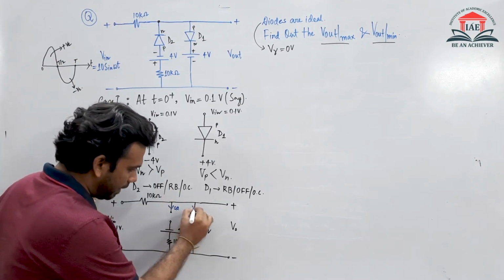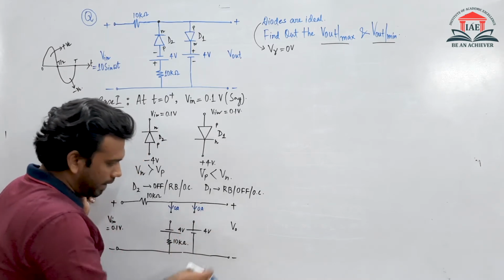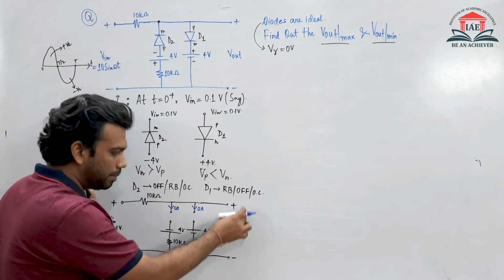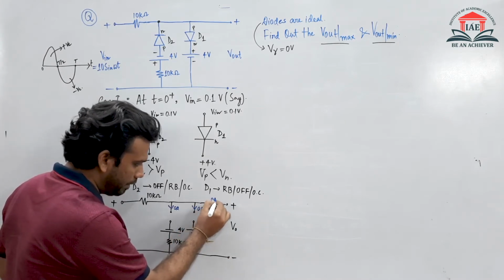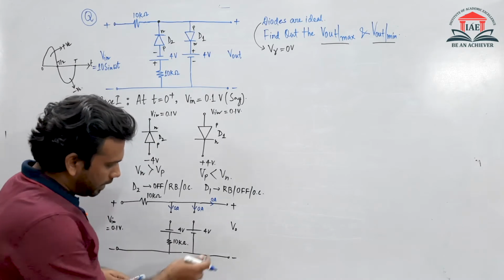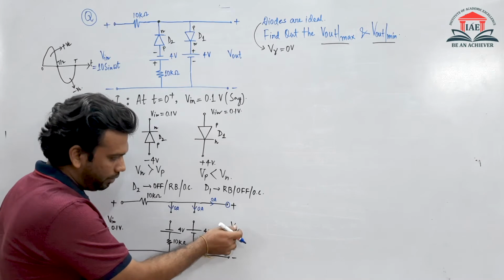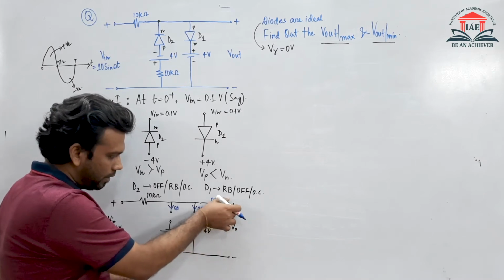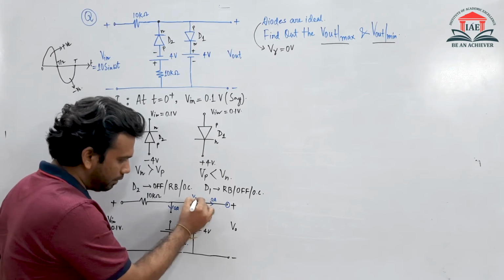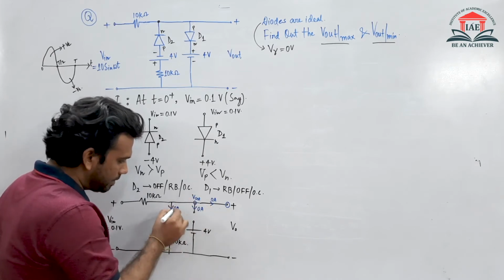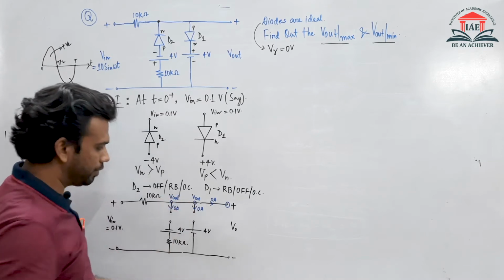Similarly, here also it is open circuit, so 0 ampere will flow, and since we are measuring the output voltage, this will also be 0 ampere. The potential at this point is V0, and this point is short circuited here, so this potential will also be V output, and similarly the potential at this point is also V output.